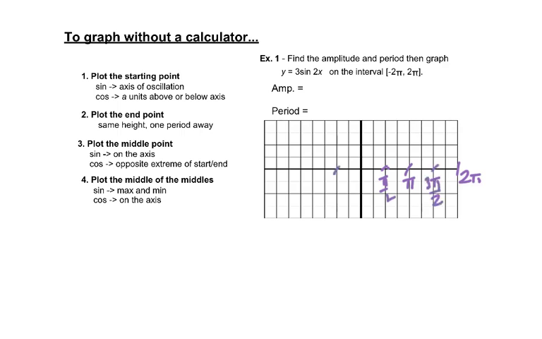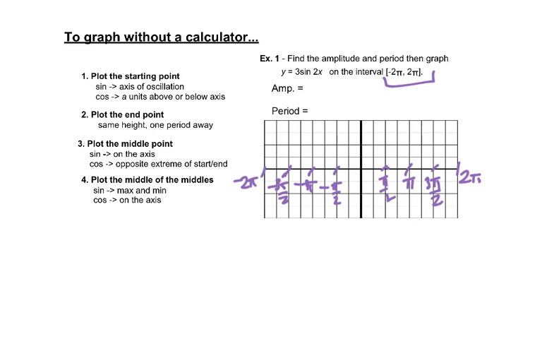Same thing's going to happen over here. We'd have negative pi over 2, negative pi, negative 3 pi over 2, and then negative 2 pi. You could, of course, change this into degrees as well, but the idea was given in terms of pi, so we may as well say that.